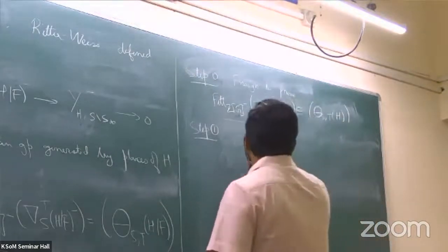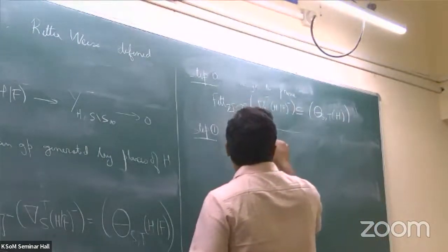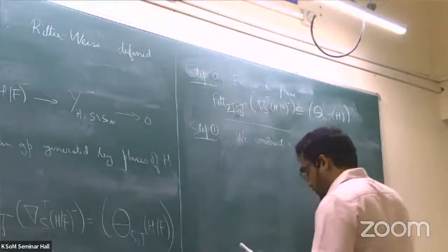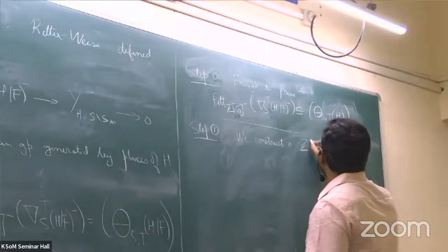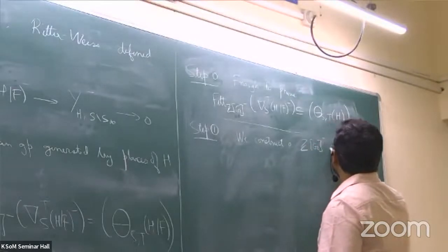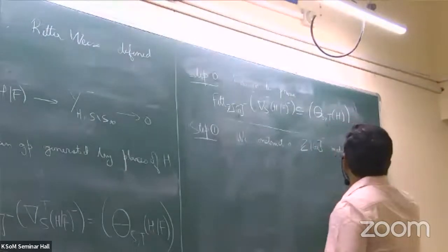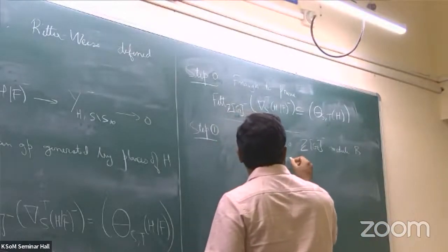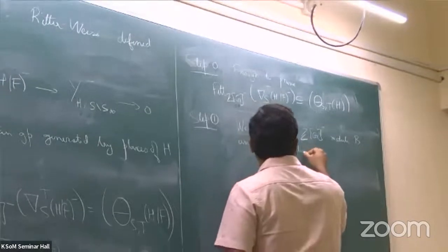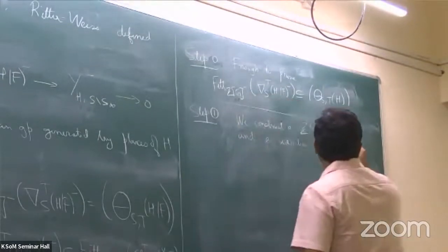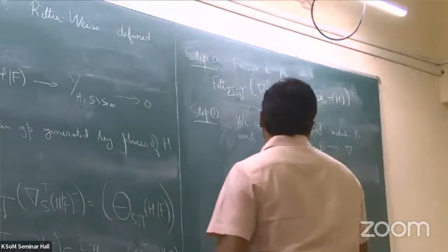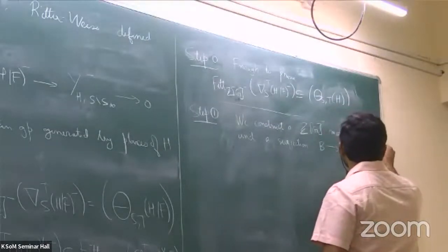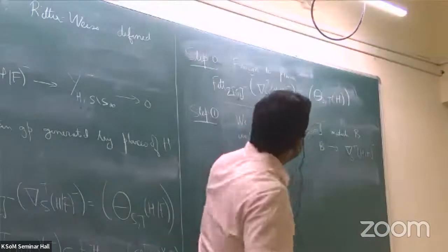So what we'll do is we construct a ZG minus module B and a surjection from B to nabla. So what does this mean? Let me finish this sentence. So what does this mean?